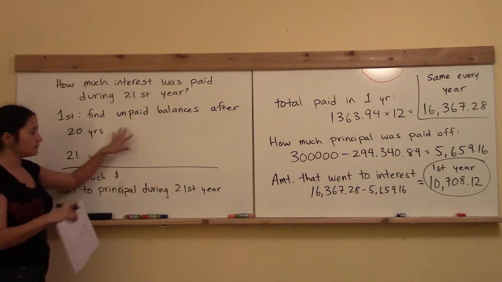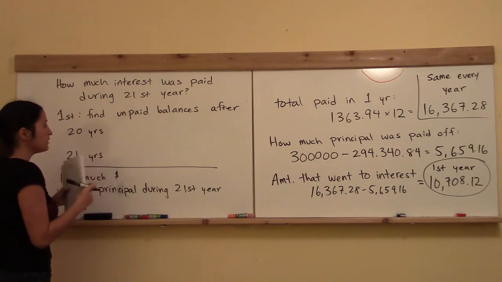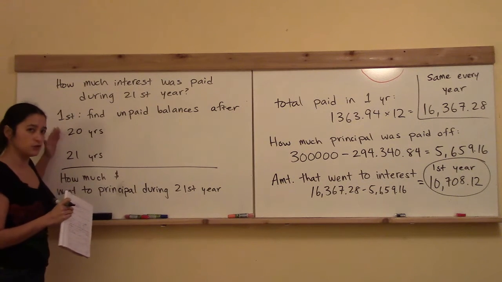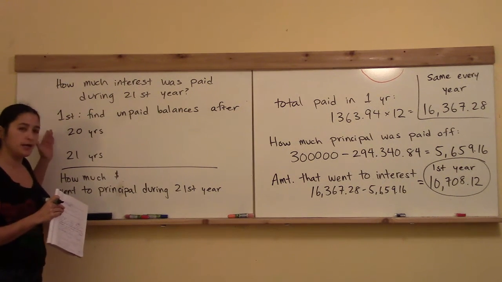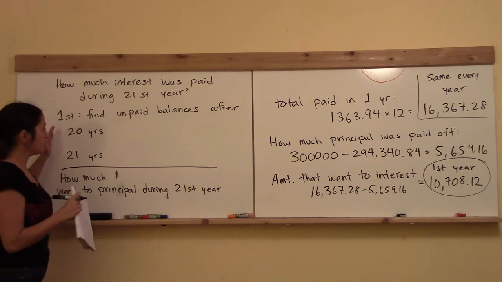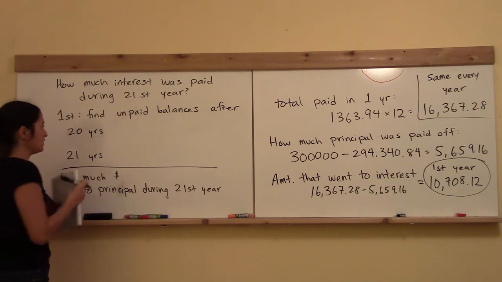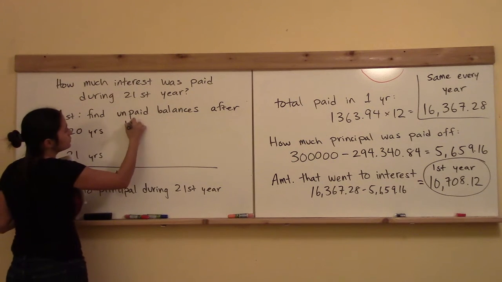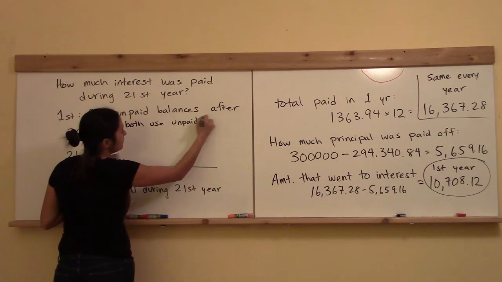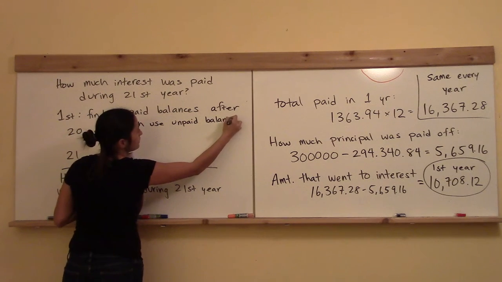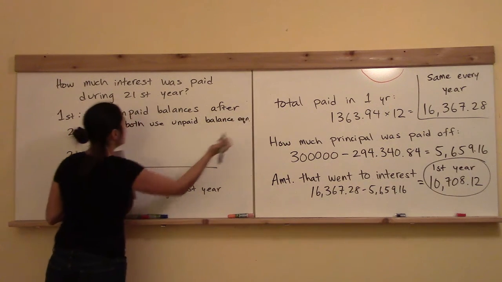Now I'm not going to do these completely out, but you should definitely check that you can do this. You're going to apply the unpaid balance equation, and you just have different values for K. Both use the unpaid balance equation that I had on the board before.